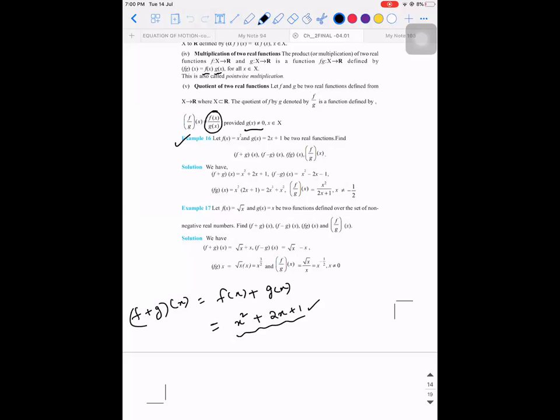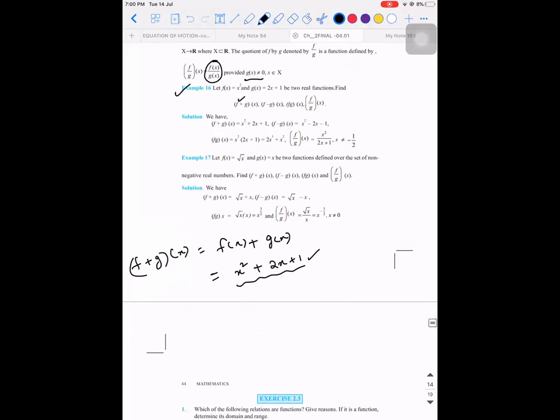Now is it clear, guys? See, I was talking about f plus g of x. It is f of x plus g of x. This is x square plus 2x plus 1, right?